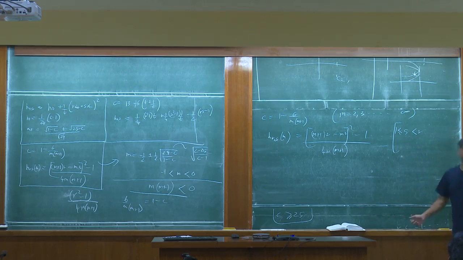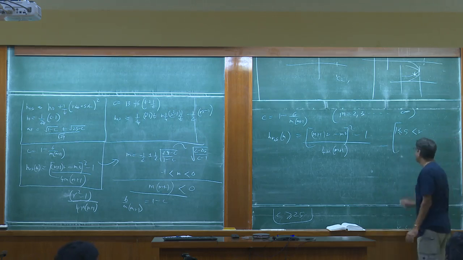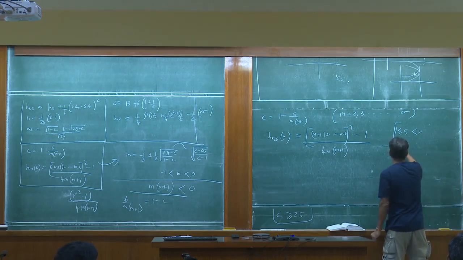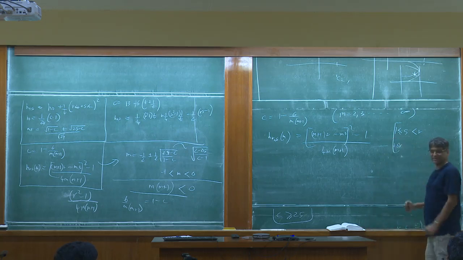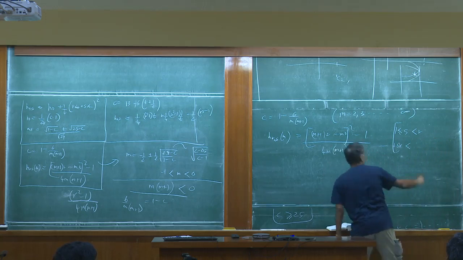So S and R of course are integers. They start at 1, that remains, but s is less than or equal to r, and r of course was always greater than or equal to 1, is less than m.